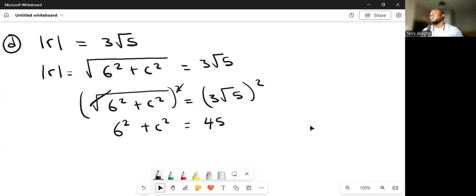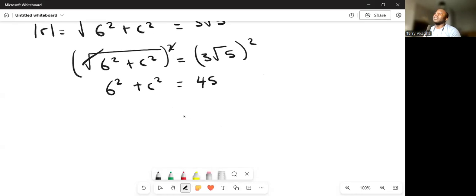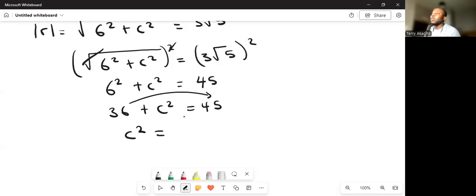Then the next thing, we take 6 squared, which will give you 36, plus C squared will be equal to 45. We then take 36 to the other side. So C squared is going to be equal to 45 minus 36. Then C squared is going to be 9.